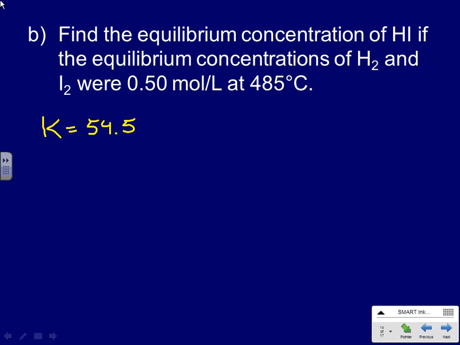I'm thinking of that concentration of water for some reason. It's asking, find the equilibrium concentration of HI, and it's giving us the other concentration. Just solve. No ICE needed for this, right? They're giving us K and the other E's. No ICE is needed.